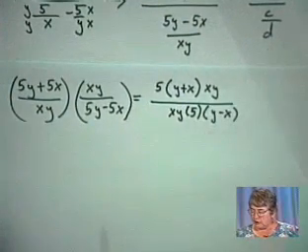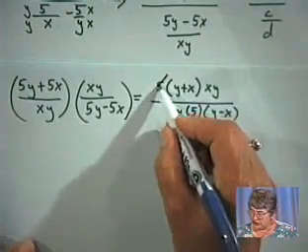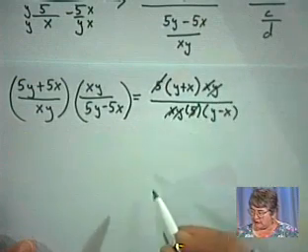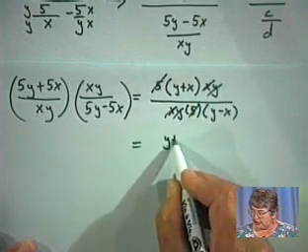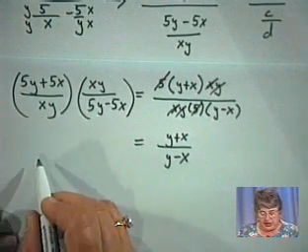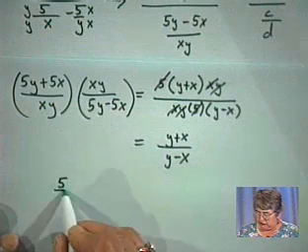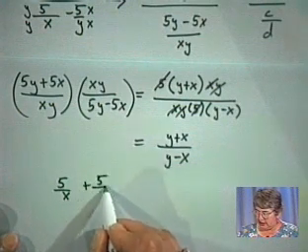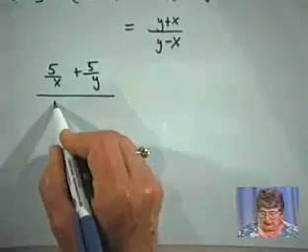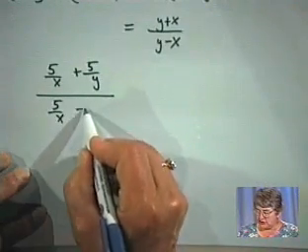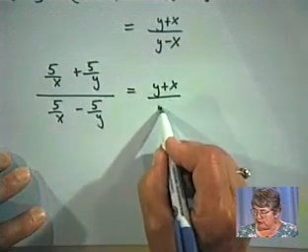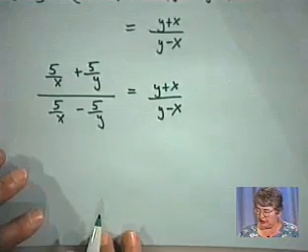At this point, we will go ahead and cancel common factors. The 5 is a common factor. The x is a common factor. The y is a common factor. And we're left with y plus x divided by y minus x. So in other words, we were able to write the expression 5 over x plus 5 over y divided by 5 over x minus 5 over y as the expression y plus x divided by y minus x, which is much easier to work with.